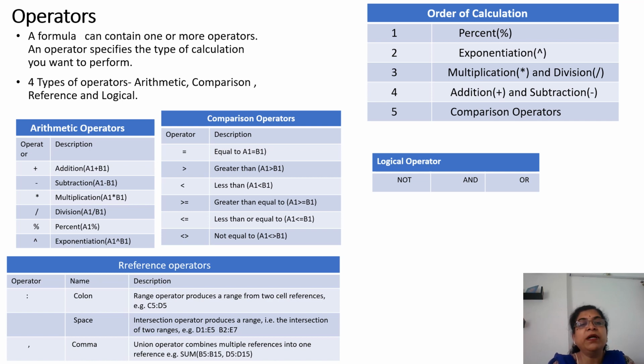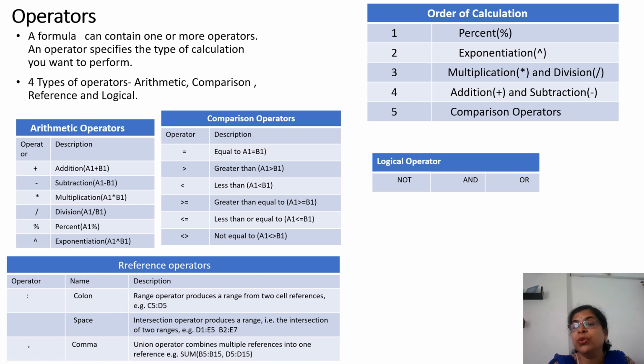In arithmetic operators, plus, minus, all these signs are there: subtraction, multiplication, division, percent and exponential, that is, raised to. In comparison operators, equal to, less than, greater than, less than or equal to, greater than or equal to and not equal to. Reference operators: colon, space and comma. Whereas logical operators: not, and, or.